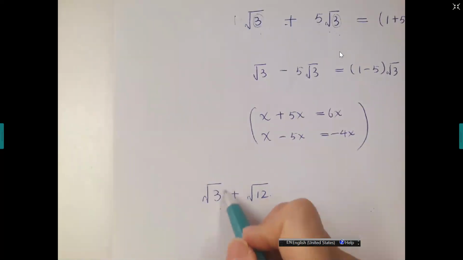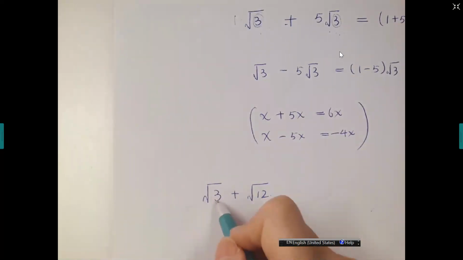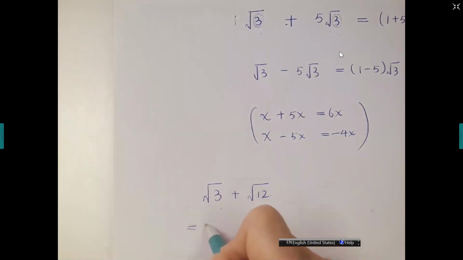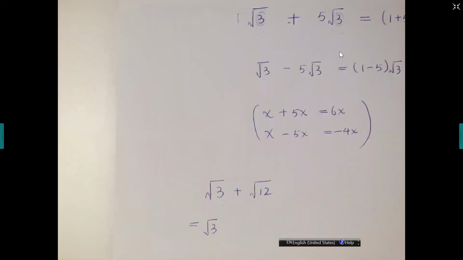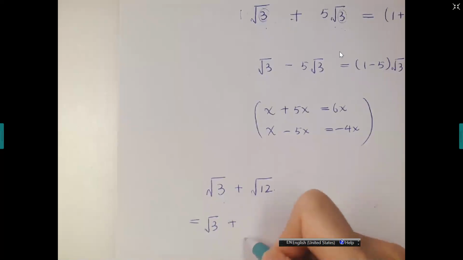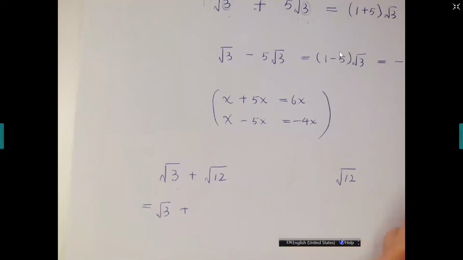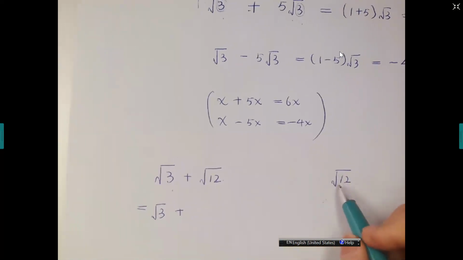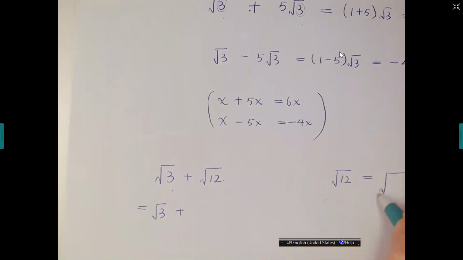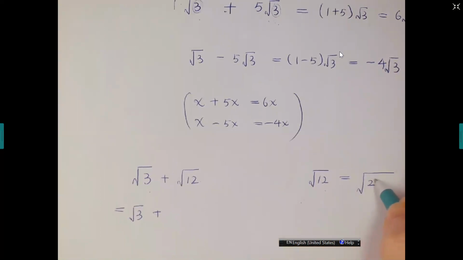So can we simplify radical 3? 3 is the only factor. It is simplified already. Then when we see radical 12, if I ask you, can you simplify radical 12? We factor 12 as 2 squared times 3.